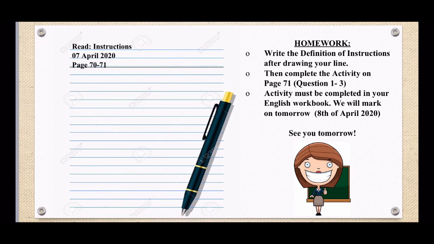So then I want you to complete the activity, and this must be done in your English workbook. We will mark it tomorrow, the 8th of April, right? So I want you please to, before you do the activity, write the definition of instructions, which is on the second slide, and then you do your activity after that, right?